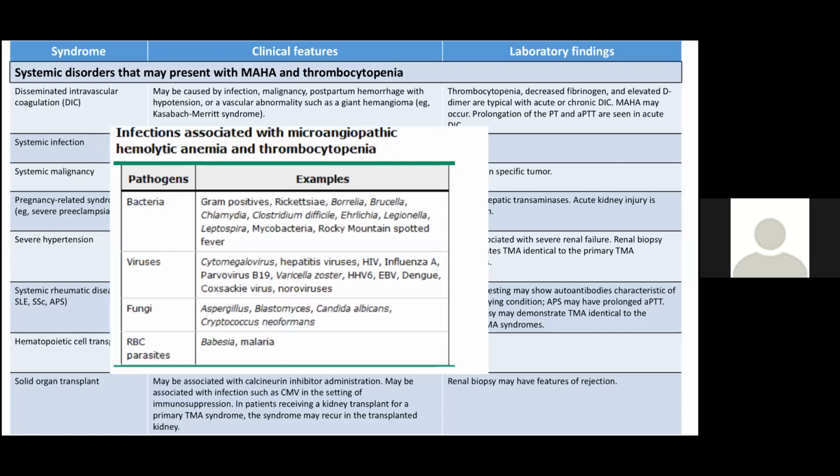So these are the infections which can be associated with microangiopathic hemolytic anemia and thrombocytopenia. Therefore, when a patient is presented to you, we don't have to jump immediately to diagnose TTP, but look for possibilities of these infections.